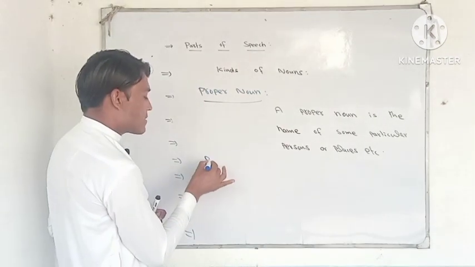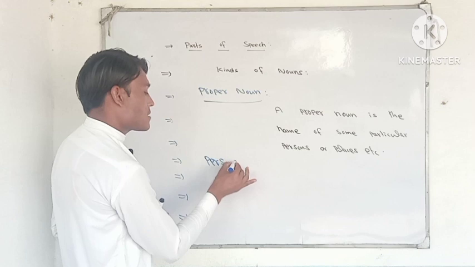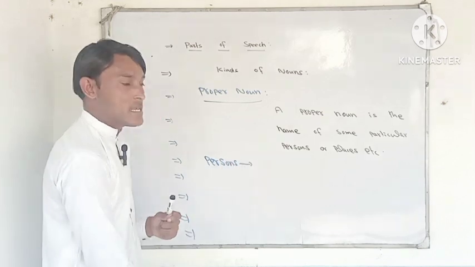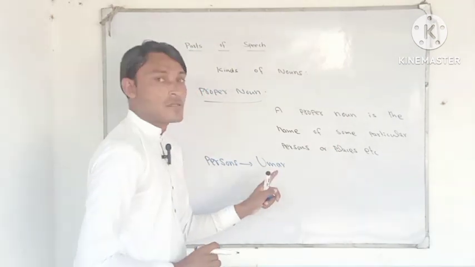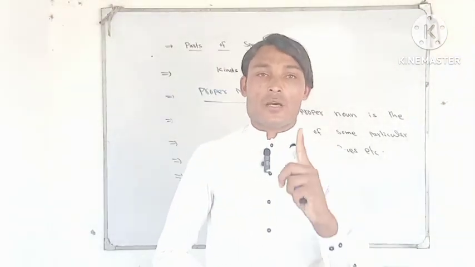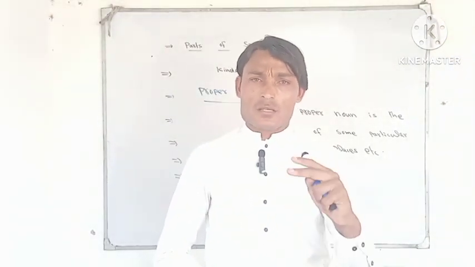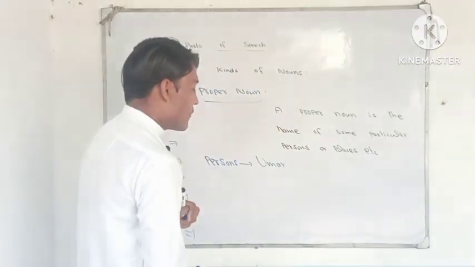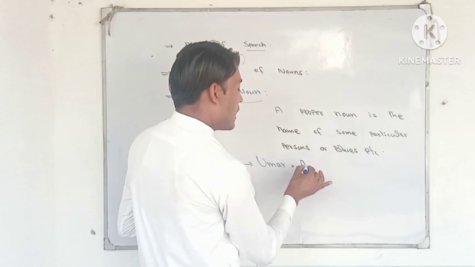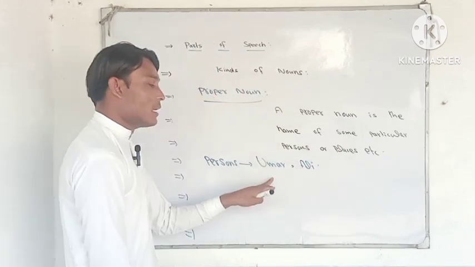If I say Umar, so Umar is what? Umar is a noun, but what kind of noun? It's a particular noun, and there are some rules for writing a particular noun. We will talk about them later as well. Next, if I say Ali, Ali is a proper noun.